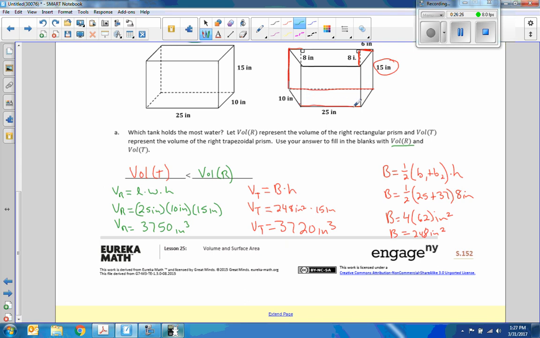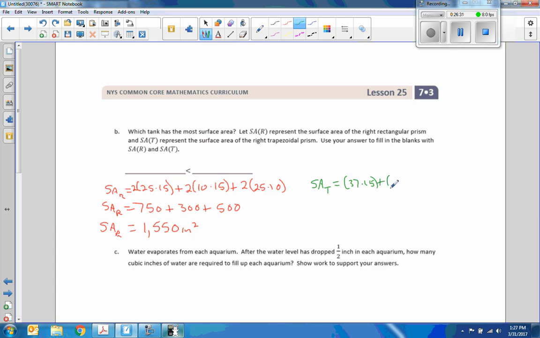And the top is going to be 25 by 15. So this is bottom, so it's top. Plus 2 sides that are equal.